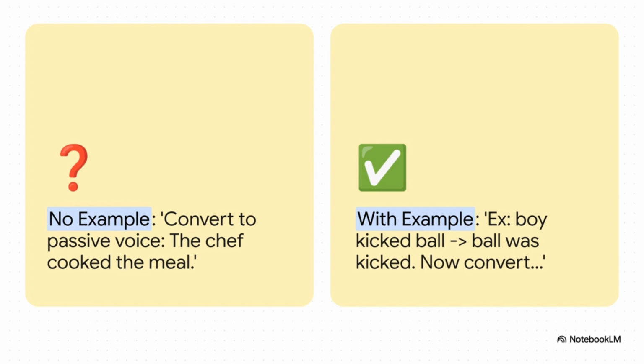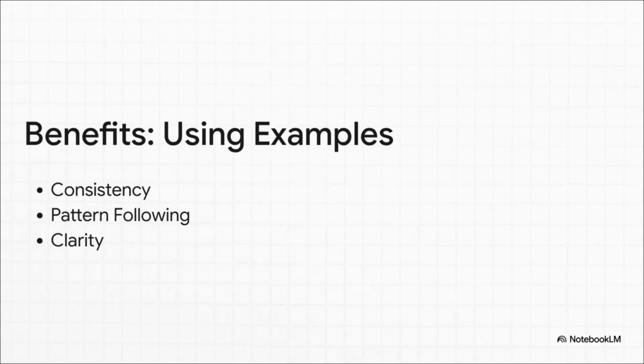So no more trial and error. Just look at this. Without an example, the task is so ambiguous, right? But by giving it a clear example, a few-shot prompt, the AI instantly gets the pattern and can apply it perfectly. By using examples, you're pretty much guaranteeing consistency, precise pattern following, and absolute clarity.